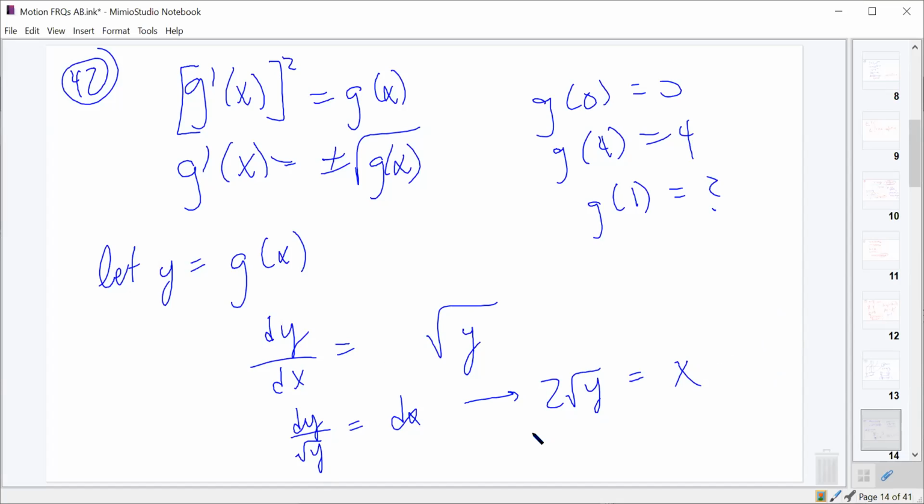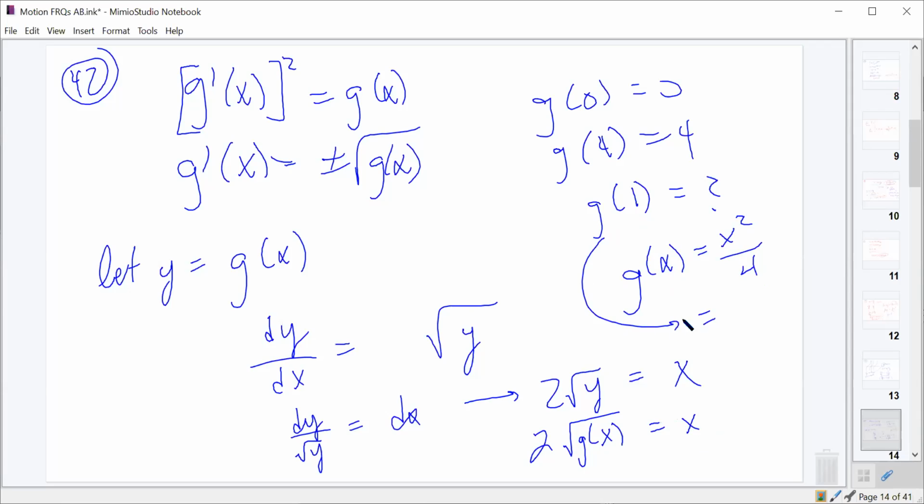And so 2 root y, which is 2 root g of x, equals x, or g of x equals x over 2 squared, so x squared over 4. And so g of 1 ought to be 1/4, which was what, choice A?